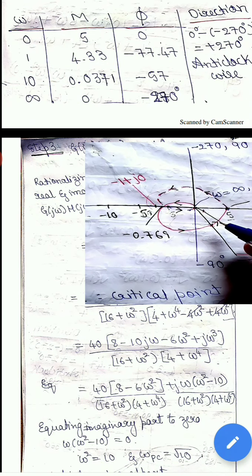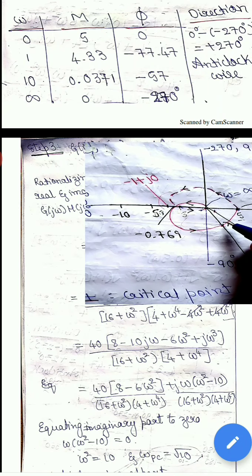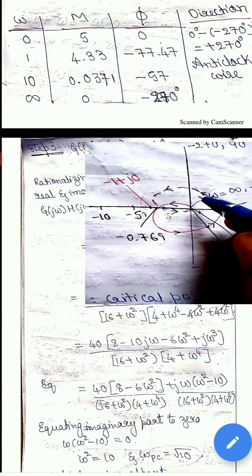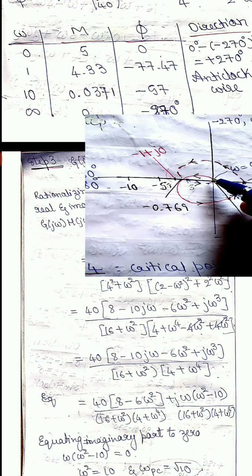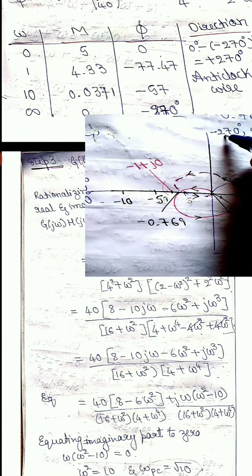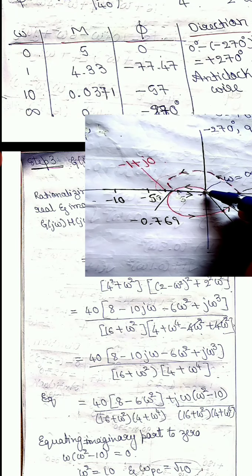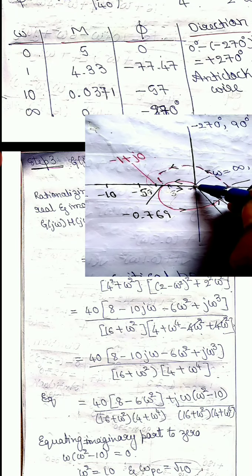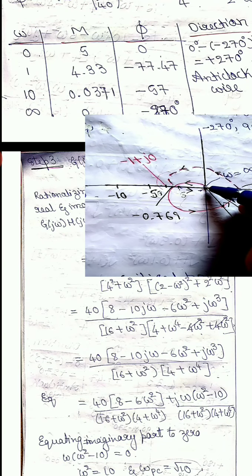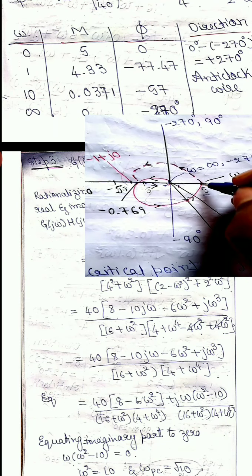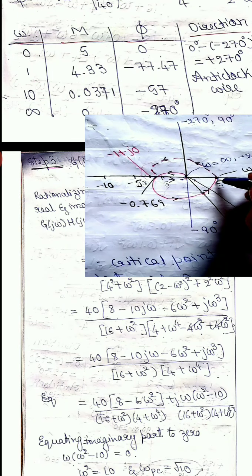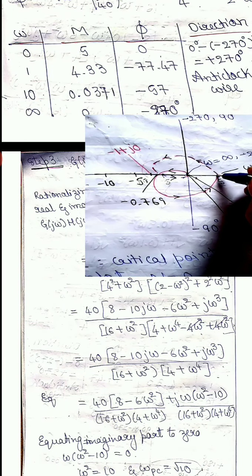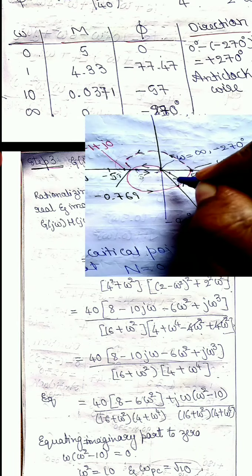At omega is equal to infinity, you got magnitude 0 and angle is minus 270. Always remember, Nyquist plot will start from 0 and terminate at infinity.